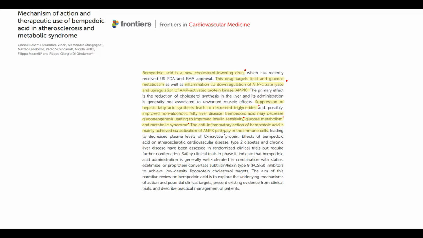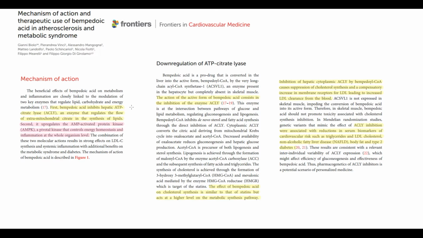So let's explain the mechanism of bempedoic acid in detail. The major effect of bempedoic acid is based on inhibition of ATP-citrate lyase, which is one of the enzymes in lipid synthesis. Recall that the other class of drugs that inhibit one of the enzymes in lipid synthesis is statins.